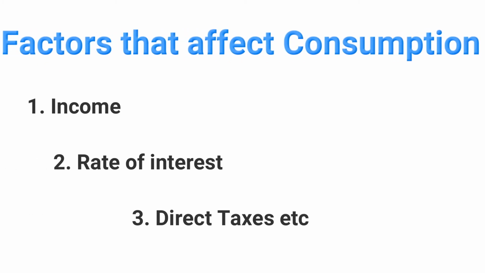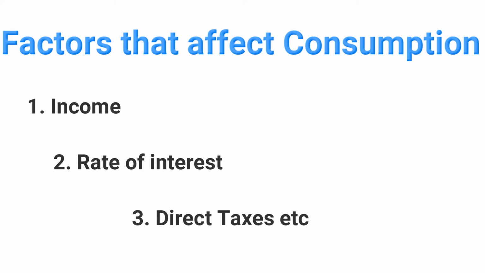Similarly, interest rate is also another factor that affects consumption. Interest rate is the additional amount which we have to pay when we get a loan from financial institutions, and it is the additional amount which we receive from the bank if we deposit cash into the bank. However, in this situation, while we are talking about consumption, we are talking about the borrowings of an individual when he has to pay interest on a loan.